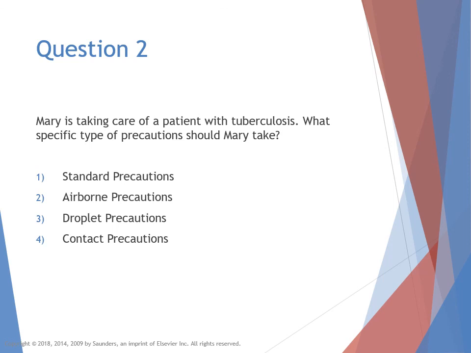Review question number 2. Mary is taking care of a patient with tuberculosis, or TB. What specific type of precautions should Mary take? Think back to those precautions that we covered. We went over some specifics. We also talked about how important that information was. Go ahead and think about this, then we'll review.